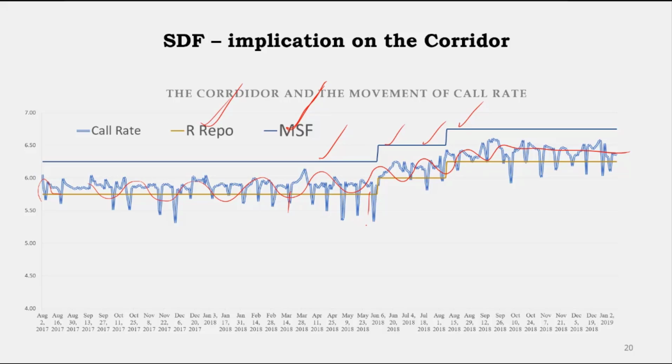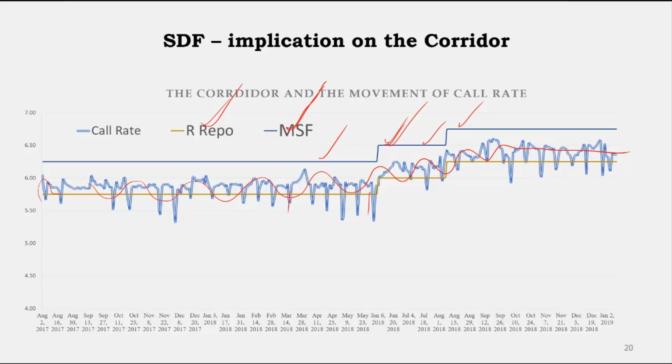Remember, reverse repo is the rate at which the RBI takes funds or accepts funds from the banking system if the banking system has excess liquidity. On the other hand, the marginal standing facility is the interest rate the RBI charges from the banking system if the banking system needs immediate money or emergency liquidity.